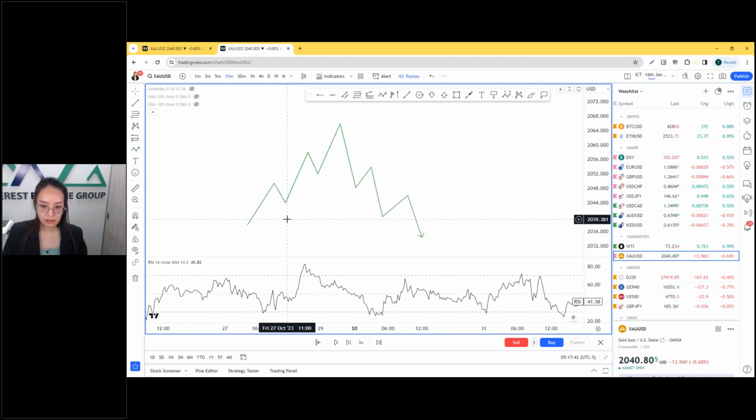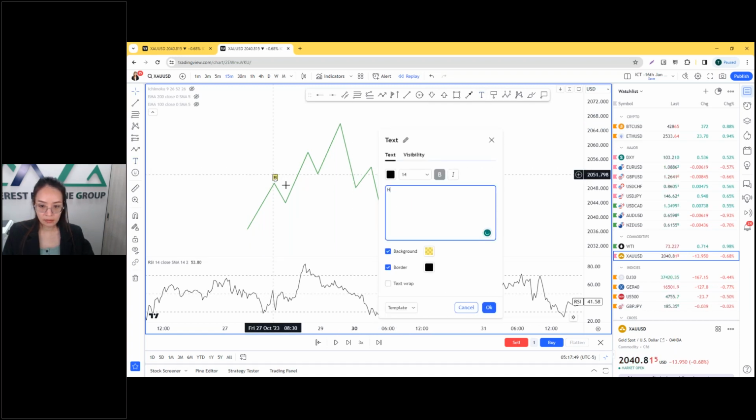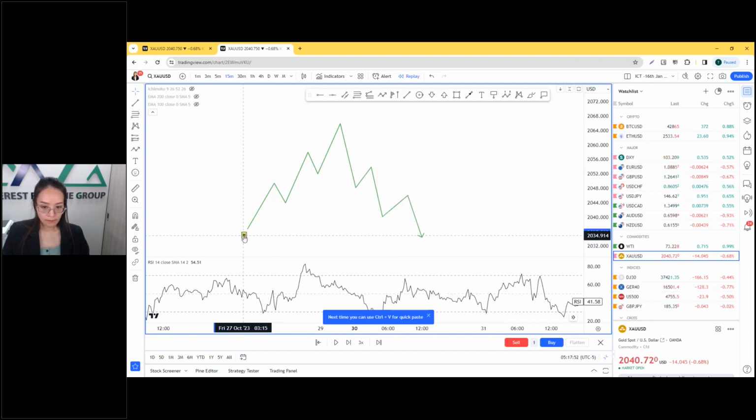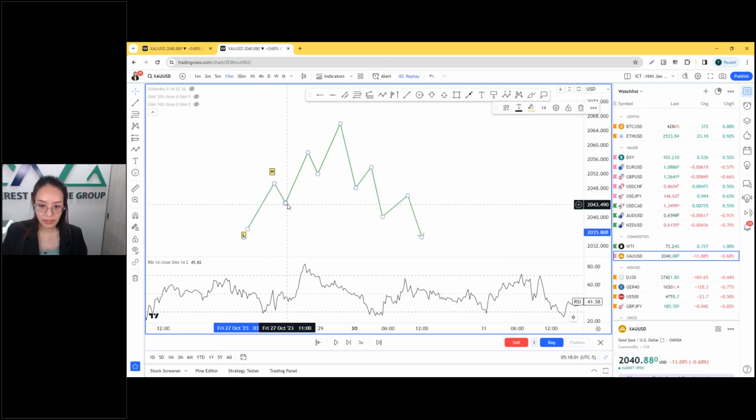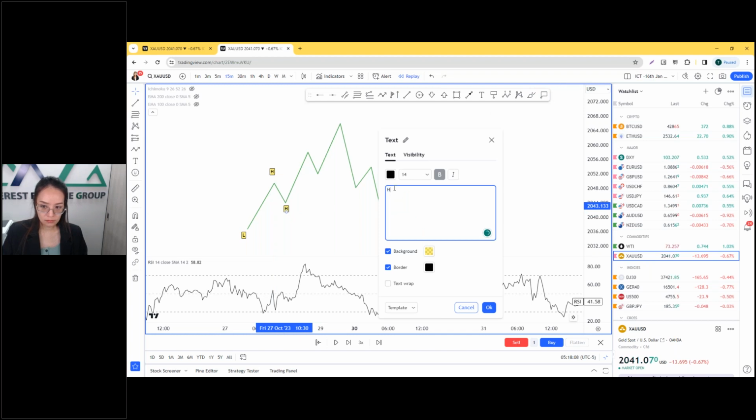Okay, it's like this, right? You know that price is on an uptrend. It should be a high. Okay, this should be your low, for example: low, high, and then they create the higher low, right?